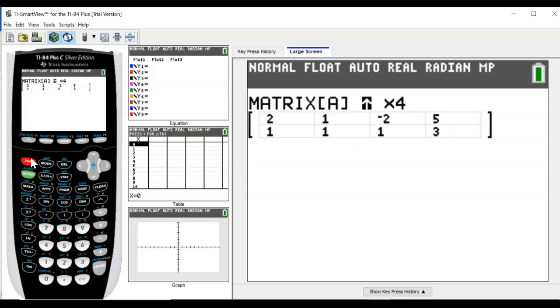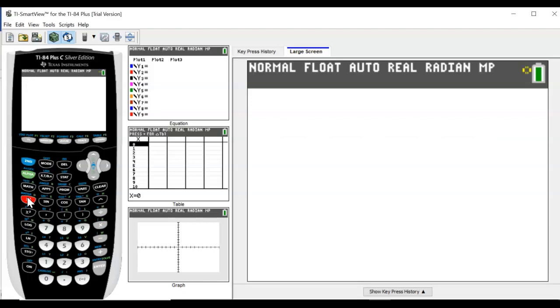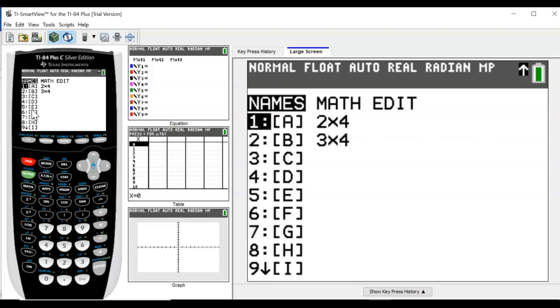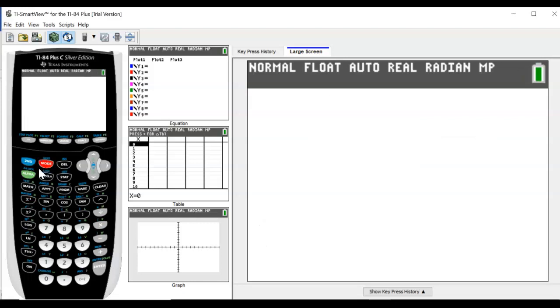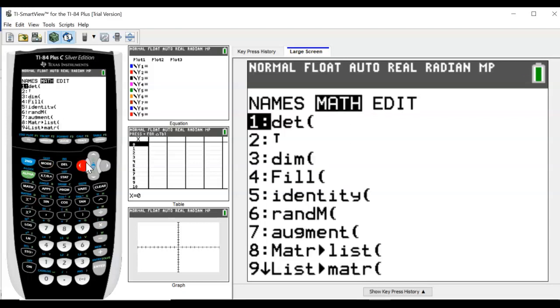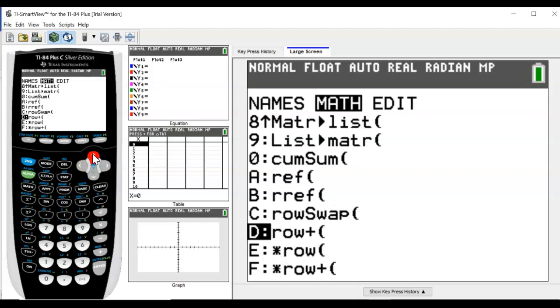And then we go back, second quit. Let's go back to the home screen first. And then go up to row reduced echelon form. Again, matrix menu, math. So math is up there.